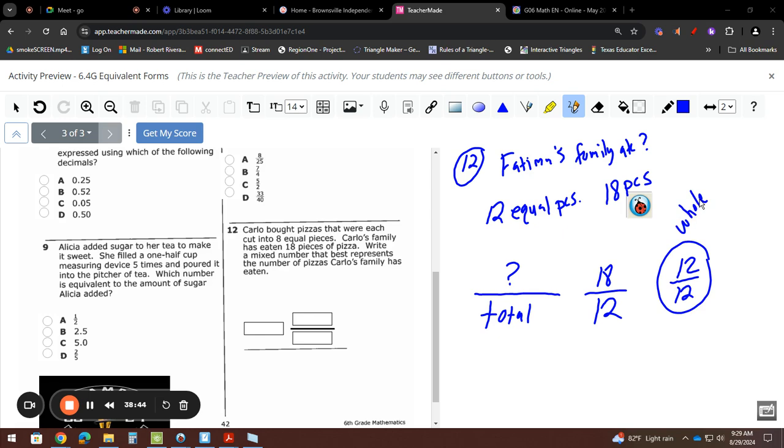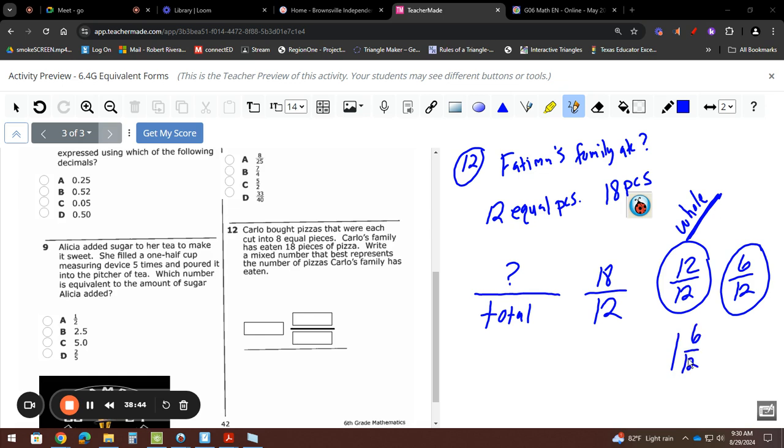But how many did they eat? 18. So we need another pizza that's also cut into 12, but did you need the whole 12 again to get to 18, or how much more do you need now? 6. So how much did Fatima's family really eat? One whole and 6/12.